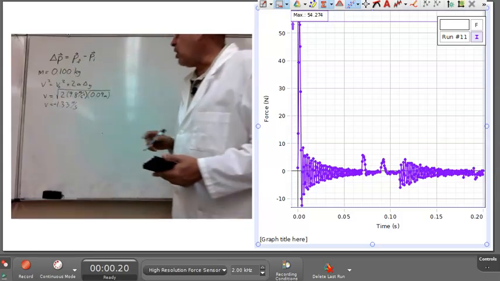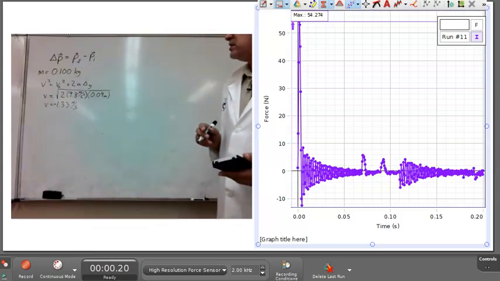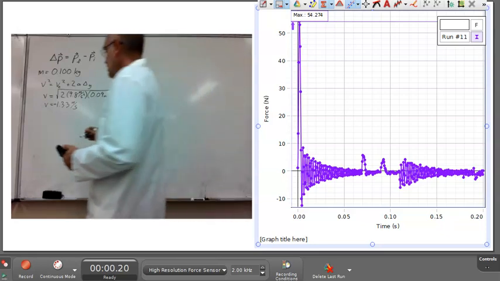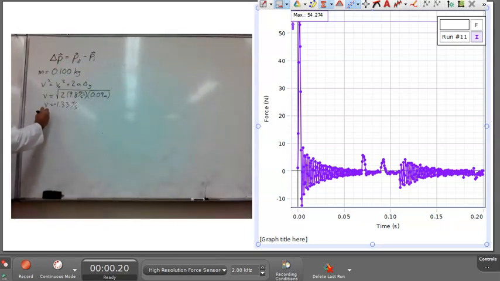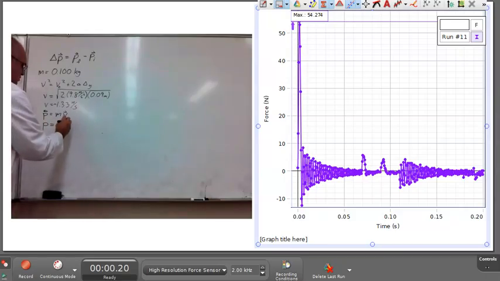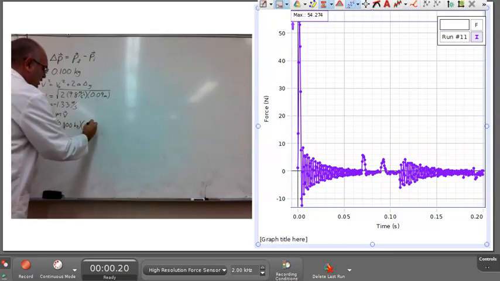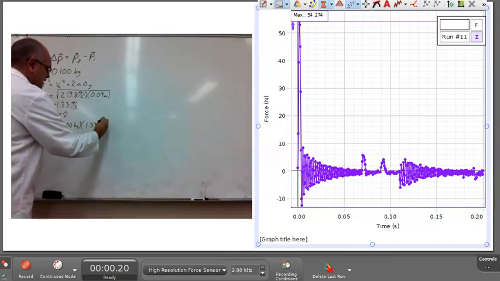Now the mass of the ball, as we said, was 0.100 kilograms. Since momentum p is equal to m times v, then the momentum of the ball is going to be 0.100 kilograms multiplied by minus 1.33 meters per second.